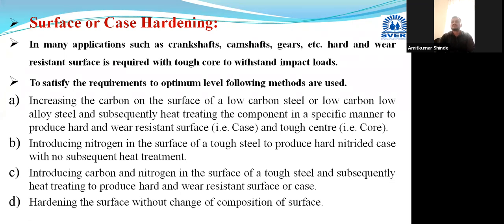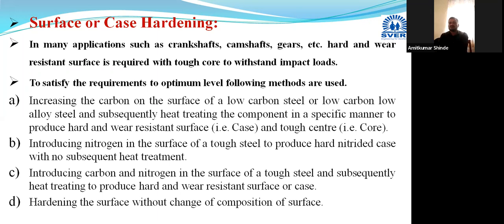In this session, I'm going to discuss surface hardening or case hardening, and we will try to understand the meaning of surface hardening or case hardening. We will discuss different types of it.